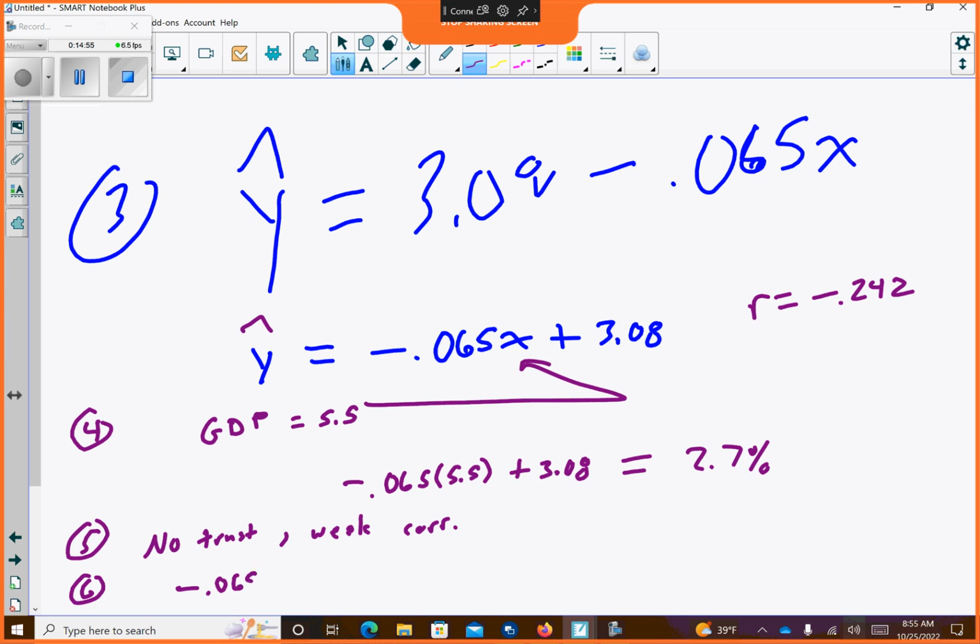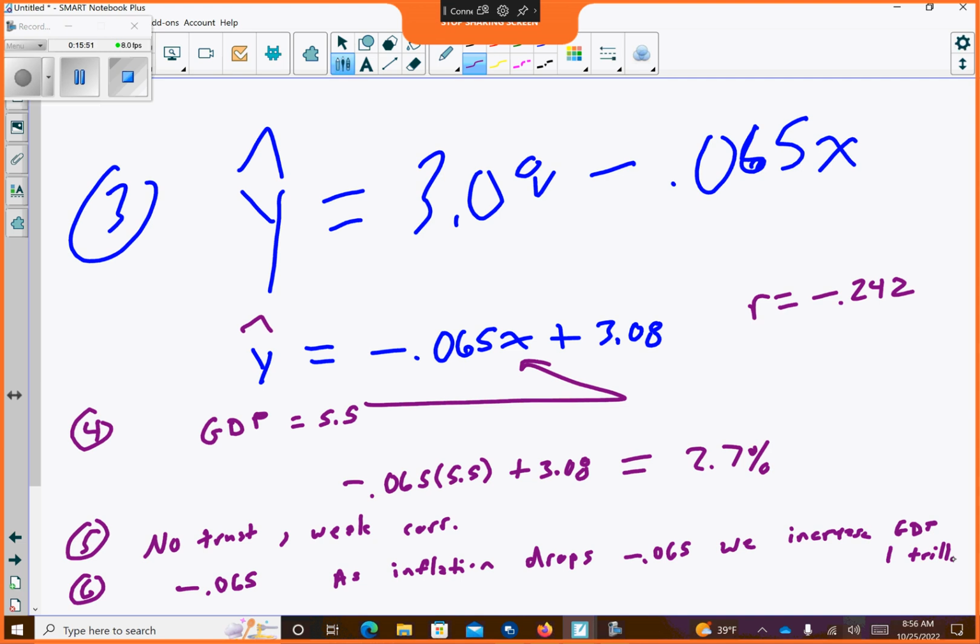Okay, which means as inflation drops at negative 0.065, we increase our GDP by 1 trillion. Okay.